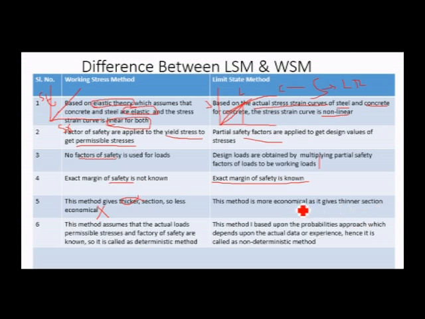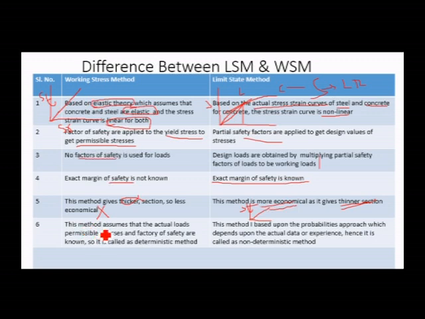If the nonlinear behavior within the concrete and steel is considered, then we can definitely make the section very thin in limit state method, and we can also make it economical at low cost. Here, if it is thicker, it will be less economical.